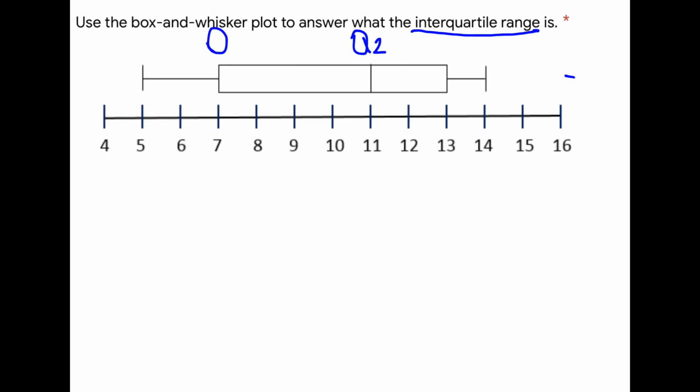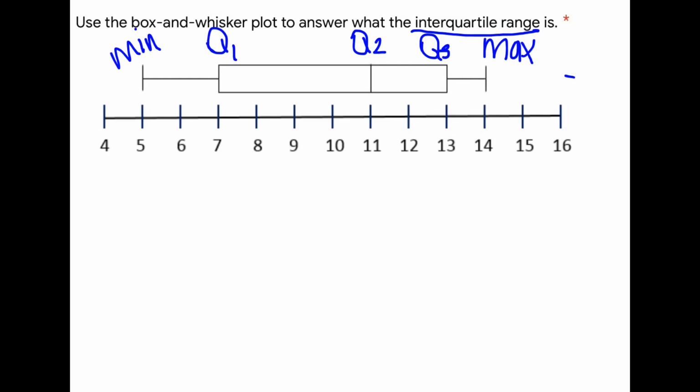The ends of the boxes is quartile 1, or the lower quartile. And the right side of the box is quartile 3, or the upper quartile. We know this line down here where our whisker, that is our min, or our smallest number in the data set. And our whisker on the right side is our max, or the largest number in our data set.